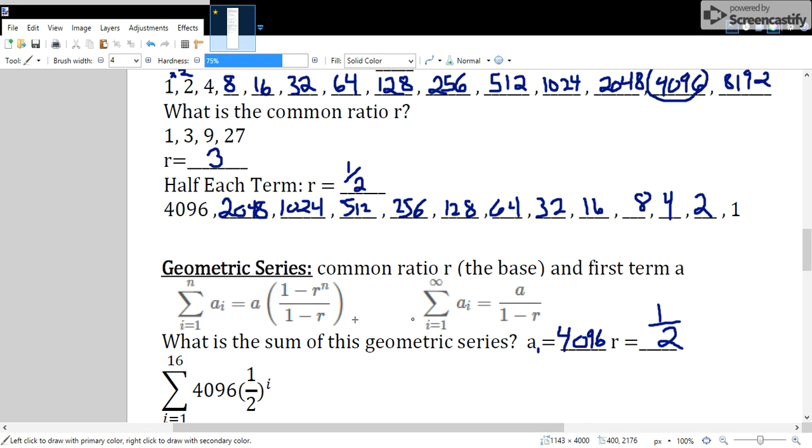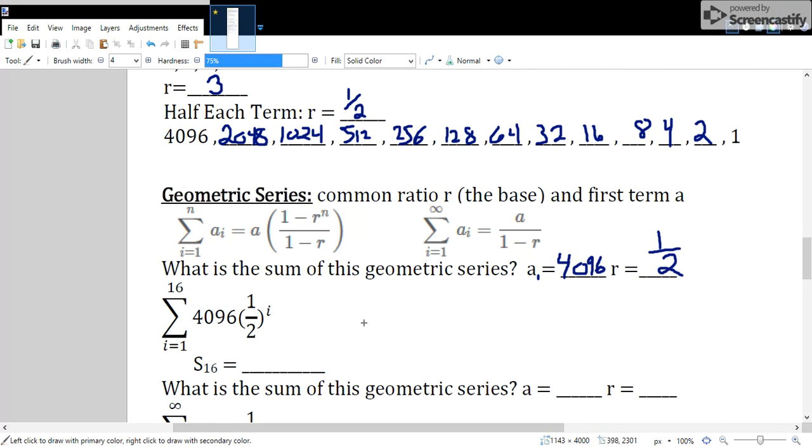So if we put that in the equation, this one, because n is finite, we have 4096 and then 1 minus r to the n power, which is 16, all over 1 minus r.